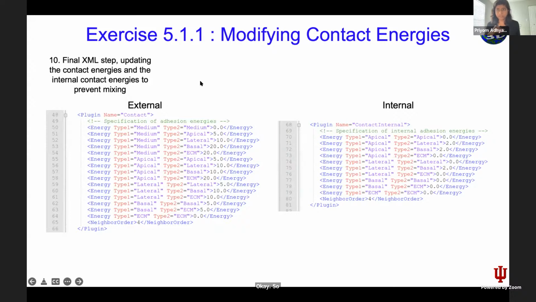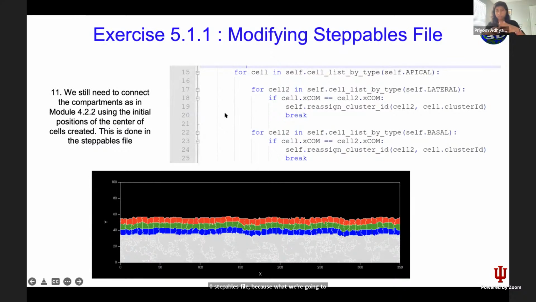Now we're actually going to move on to the Python steppables file, because what we're going to do is make sure that, until this point, like Julia pointed out yesterday, the cells do not know that they're part of the same cluster group.